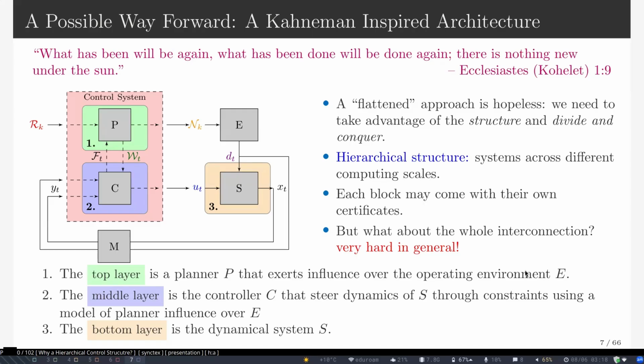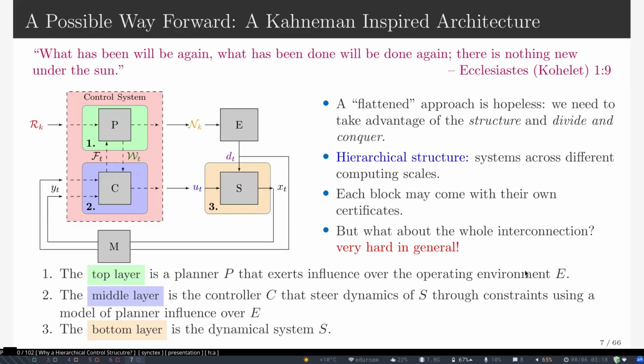We can think of this hierarchical structure as systems that operate across different computing scales, but now the problematic term I'm going to use is information as well. It operates across different information levels. Now we can become very precise about what we mean by information, but let's take the intuitive view of that.